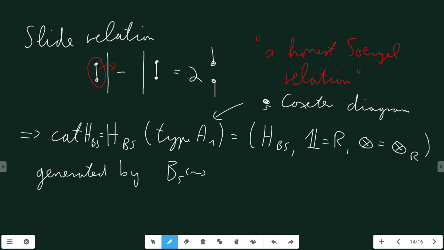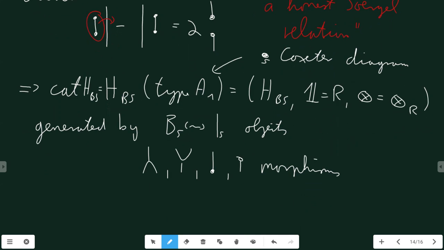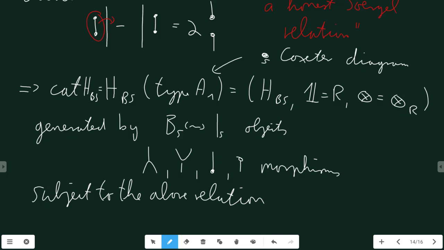So this should be a line labeled S, and you can put lines labeled S everywhere. And morphisms are, of course, those guys. This just means I can stack them together any way I want, subject to the above relations. So the above relations are the defining relations of my category.